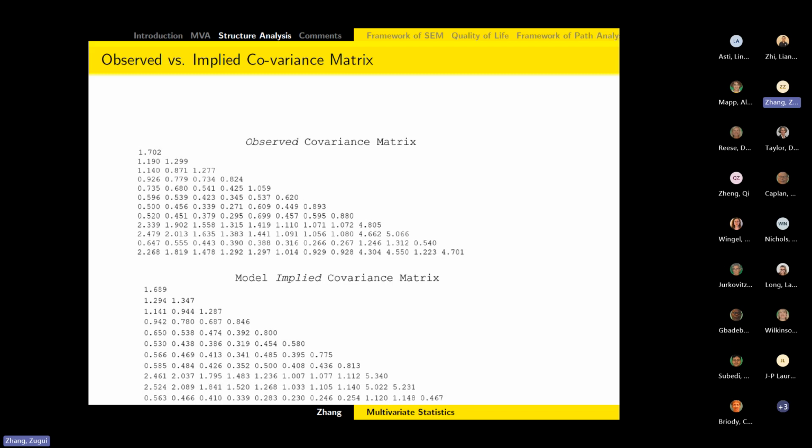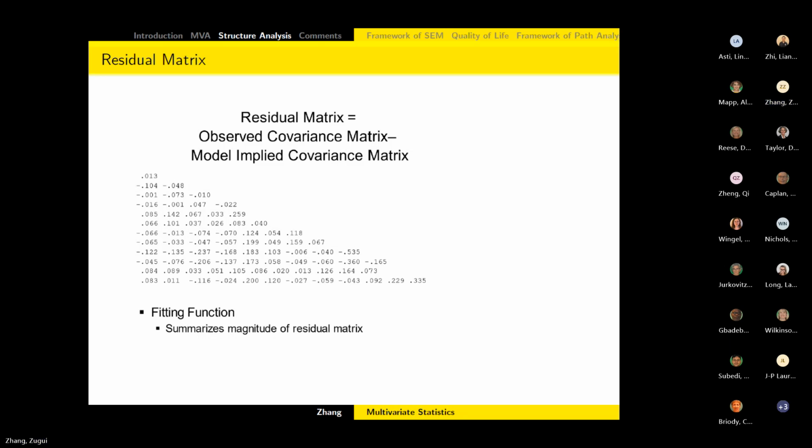When we conduct this structural analysis, we use the covariance matrix to reflect the relationship. Generally speaking, we recommend using the covariance matrix instead of the correlation matrix. So we will have the observed covariance matrix, and then after running some model, we have the model implied covariance matrix.